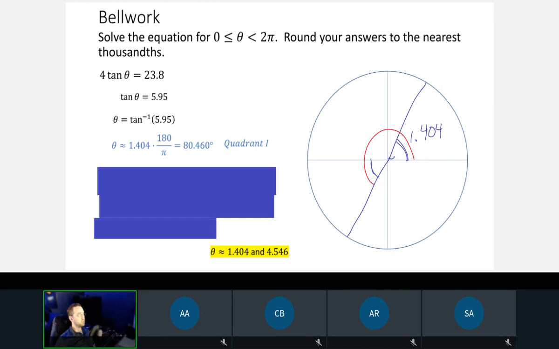Chloe says, add pi to it, and she would be correct. Which makes sense, because a half rotation is just pi. So if I know it's 1.404, just add pi to it, right? That works. Another way, actually, that is the only way.